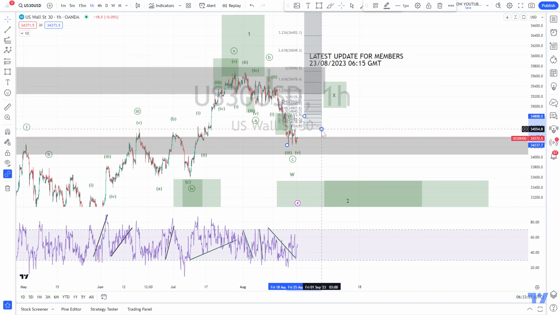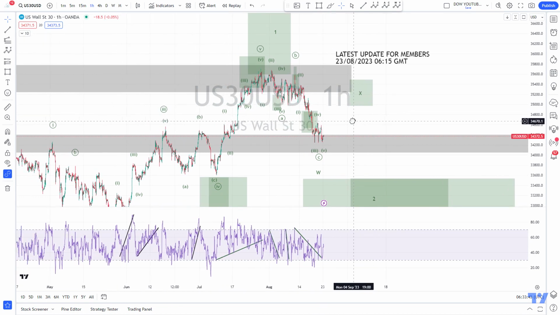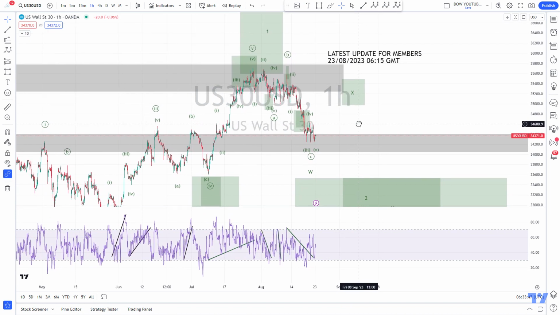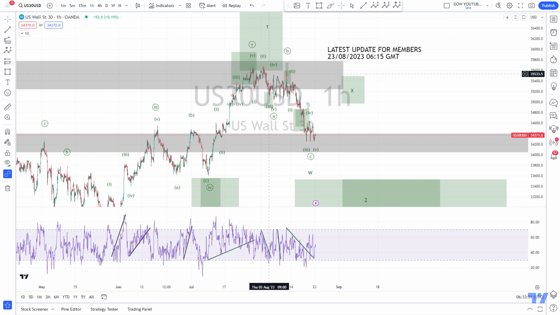Based on this information, you define your entries, and you protect your entries once you have a reaction to the downside. So this is how I would play it.